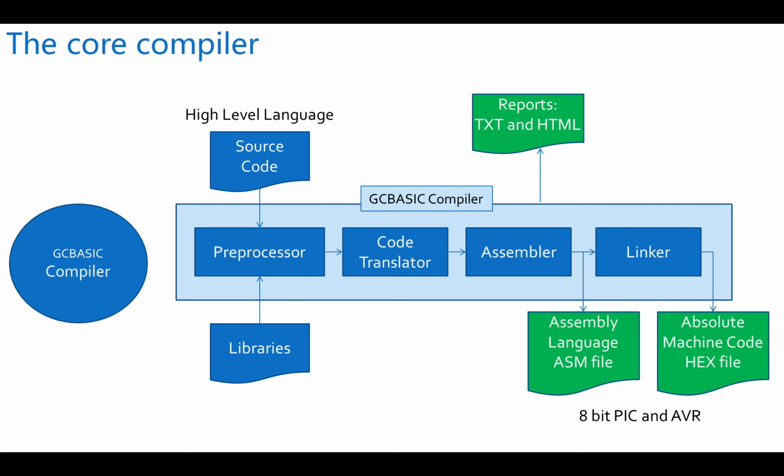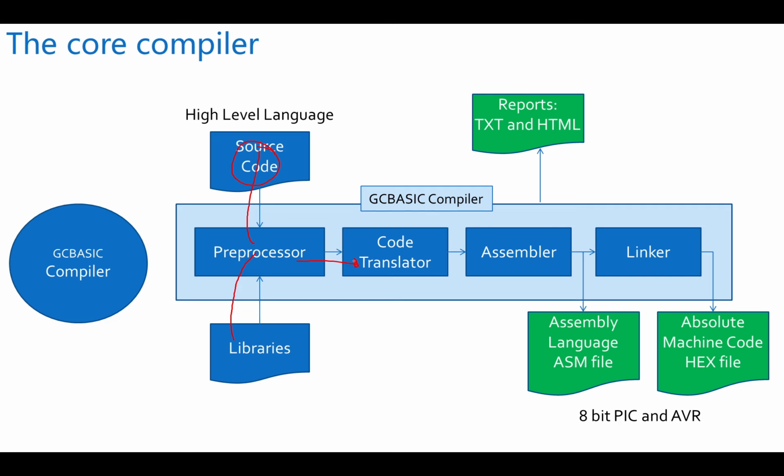And how it works is there's a tool chain, and I'll draw with a pen actually. It takes your source code, which we'll have a look at shortly, and it pre-processes it. It takes a set of libraries and what's called a DAT file. The DAT file describes the chip to the compiler. It's essentially all the parameters of a chip. It takes it through into what's called a code translator, and that code translator puts it into a common language.